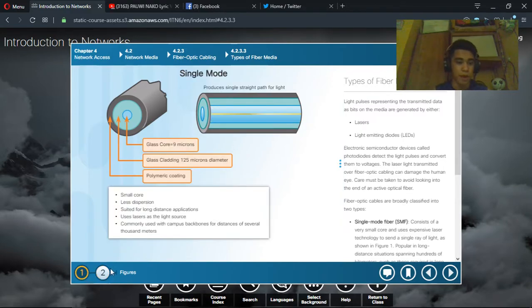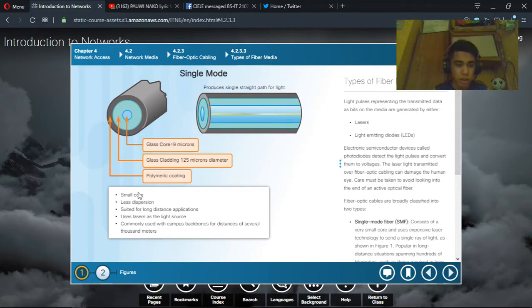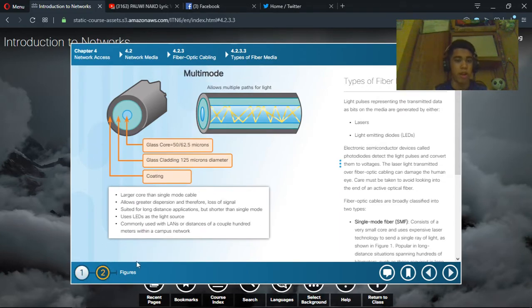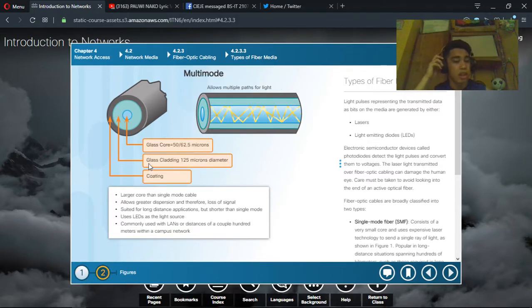The multimode glass core is 50 or 62.5 microns, much bigger than the glass core of single mode. The glass cladding is also the same, and the coating is a simple shield. A larger core than single mode, as I said earlier, allows greater dispersion, therefore loss of signal.